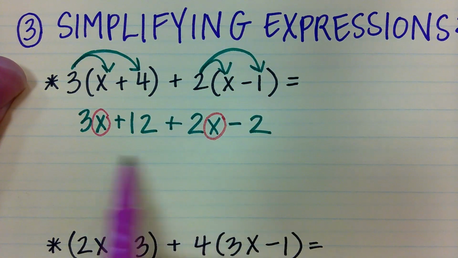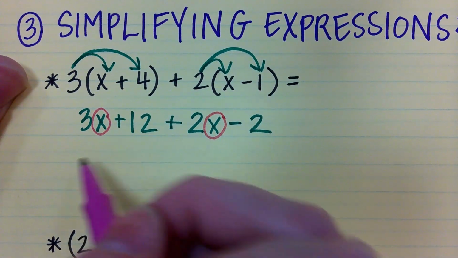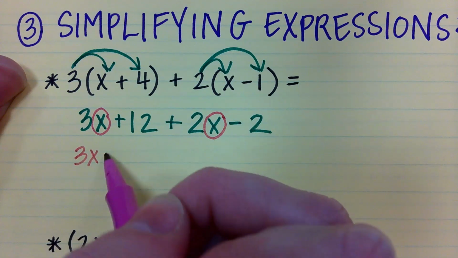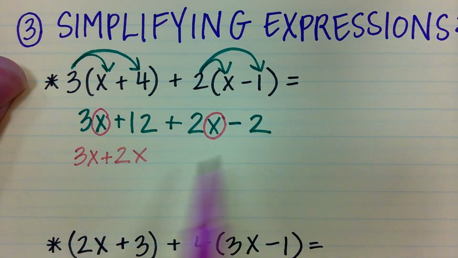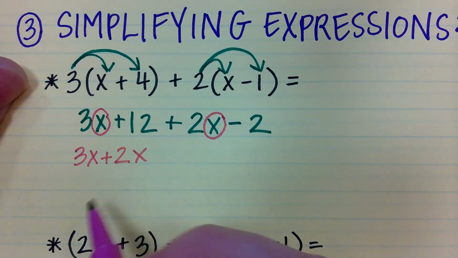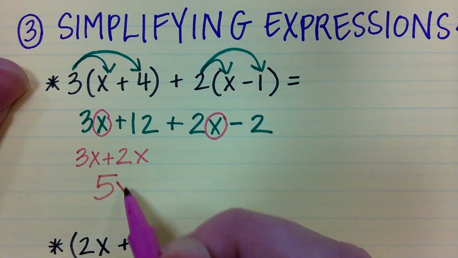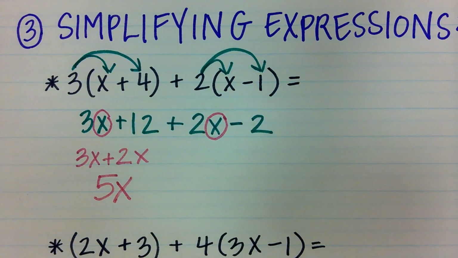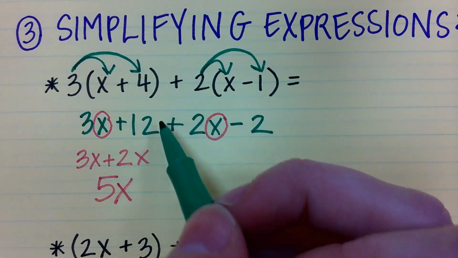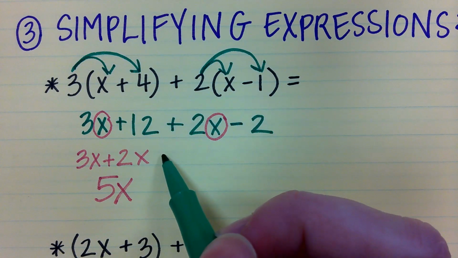So let's rearrange this. We're going to put these together: 3x plus 2x. And what's 3x plus 2x? 5x. Good. Okay. Now we need to do the next half. What am I bringing down this time?